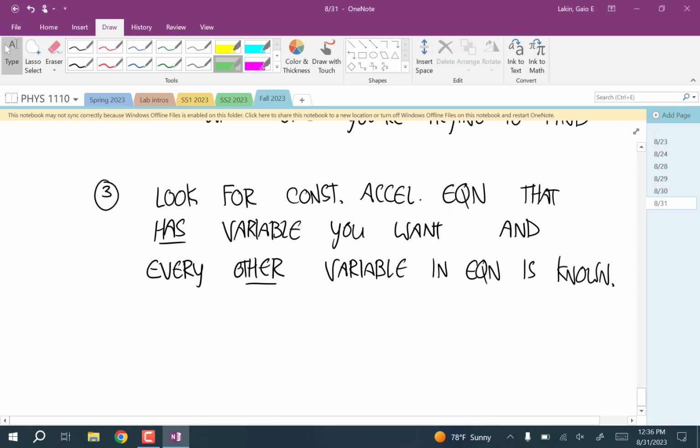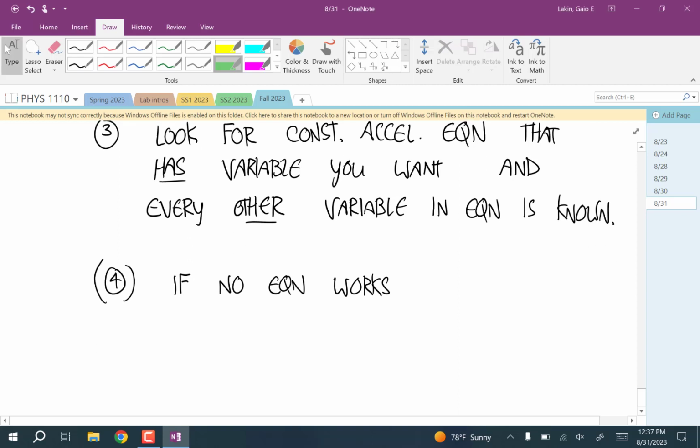Sometimes this isn't enough. Most of the time it will be, but this step 4 I'm putting in parentheses because you won't always need it. But if no equation works, try solving for TF or acceleration.